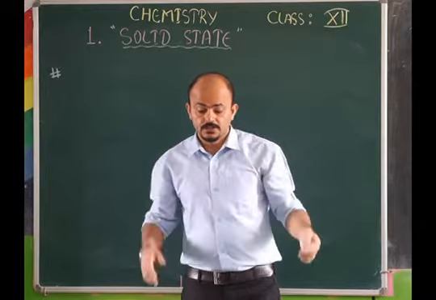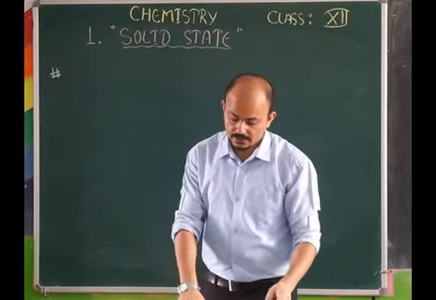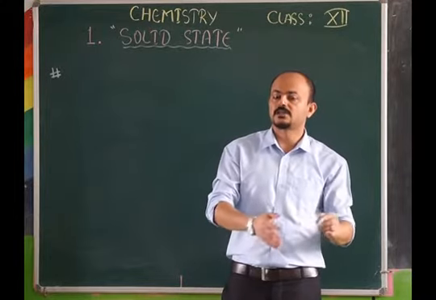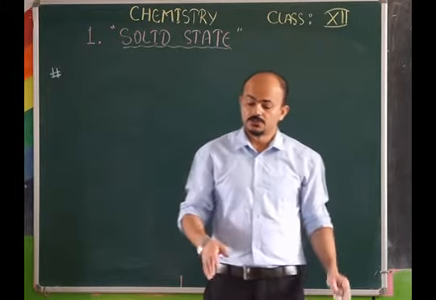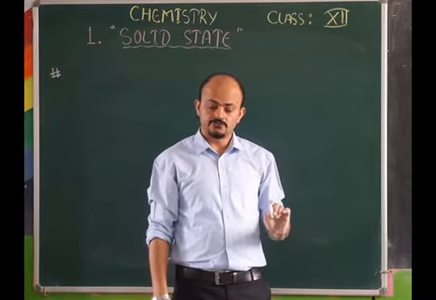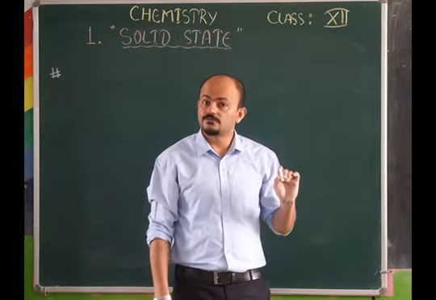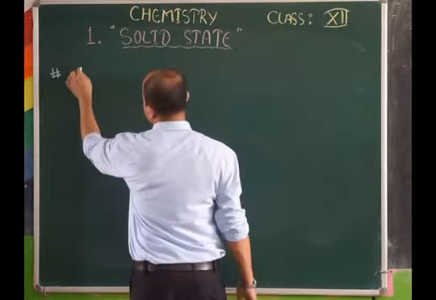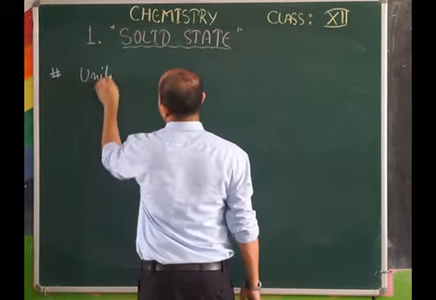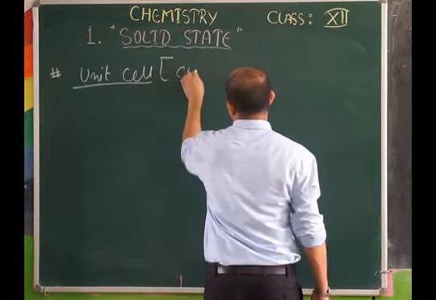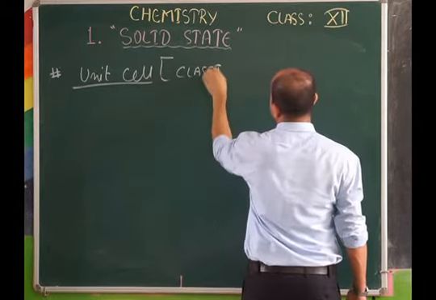Now in unit cell, now we are discussing that portion. This is very important. So unit cell can be broadly classified into 3 or into 4 main types. So classification of unit cell.